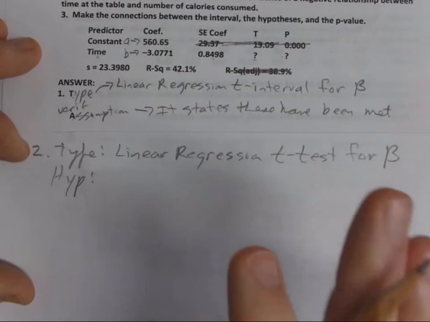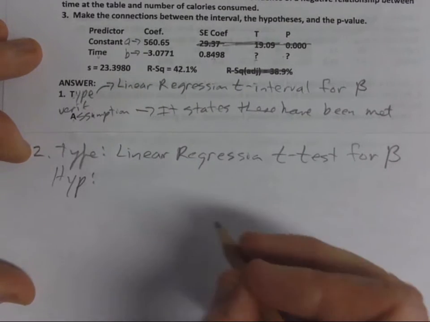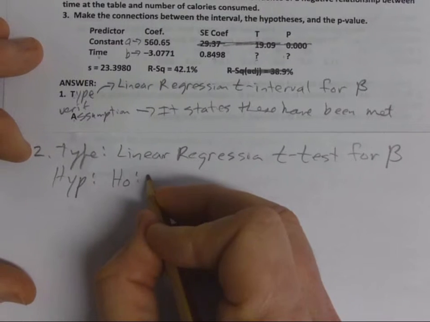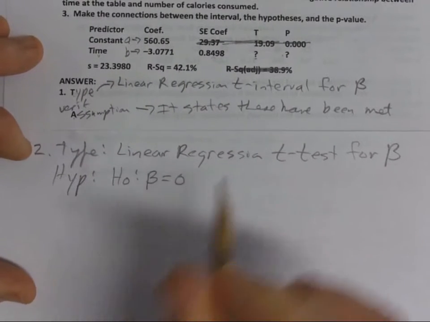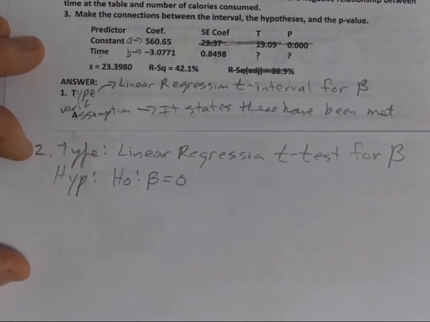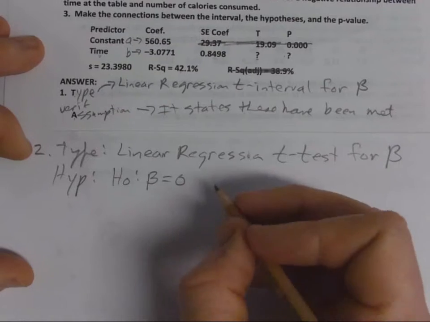Similar to the chi-squared test of association independence, our null hypothesis is that there's no relationship. In other words, that beta is equal to 0. Is the line is just going straight across. In other words, it doesn't matter how much long they sit there, they're going to eat the same number of calories. That beta is equal to 0.